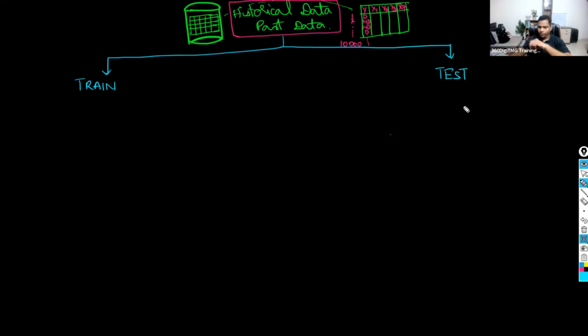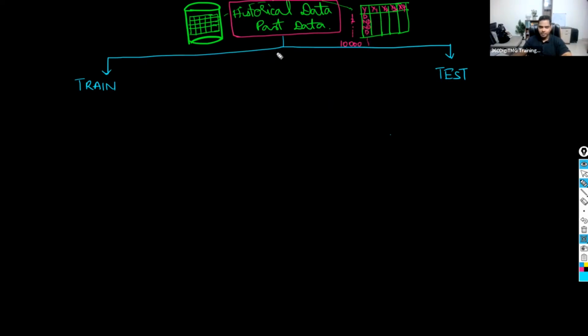And assume for now that your data set was balanced. If your output variable is balanced, that means say 50, 50%, 50% of the entries were default and another 50% were not default.